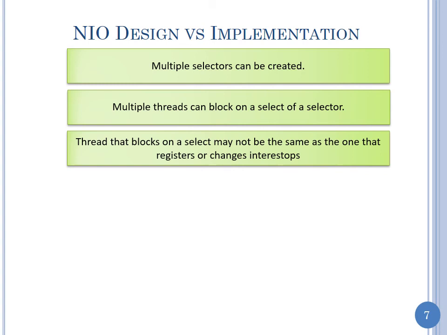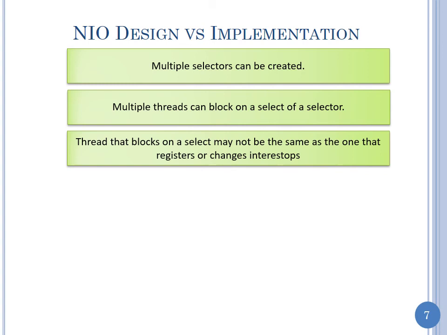And there is this data structure, so also the threads that block on a select may not be the same as the ones that register or change the interest ops. Okay, but these two sets of threads need to share data. The thread that blocks needs to know what the interest ops are, and so there's shared data here.